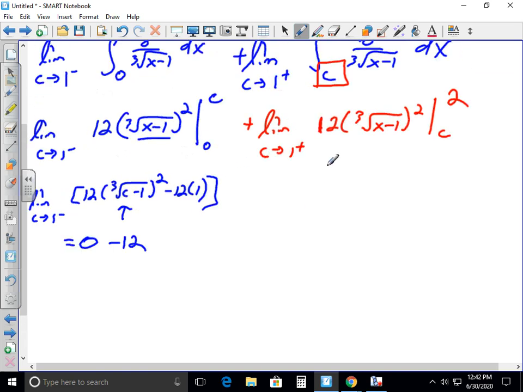For our other one, we're going to take the limit as c approaches 1 from the other side. We're going to put a 2 in. So 2 minus 1 is 1. That's squared. And then we're going to put a c in.